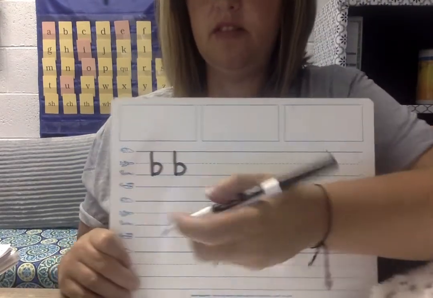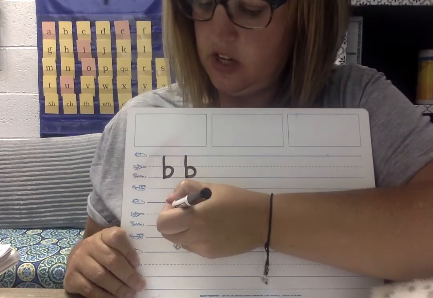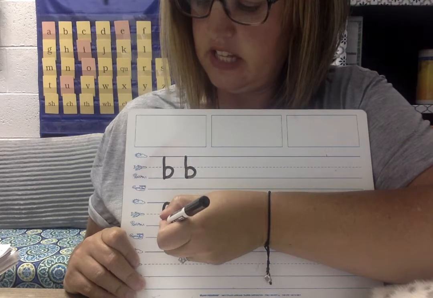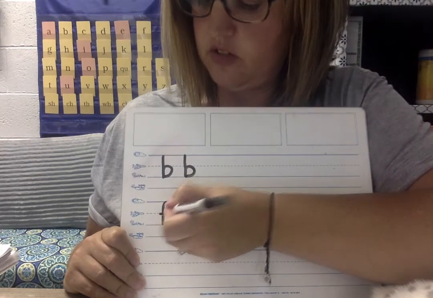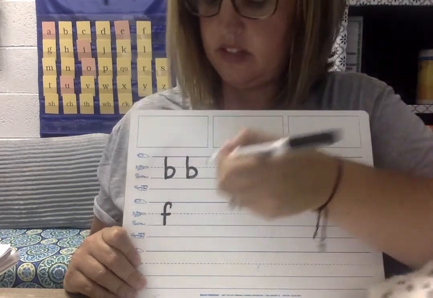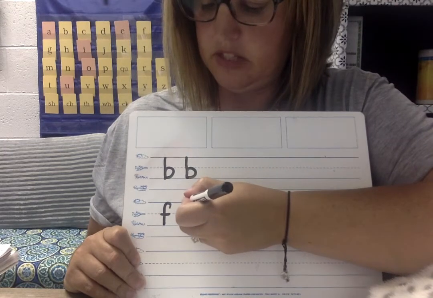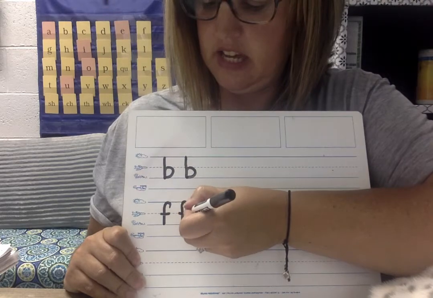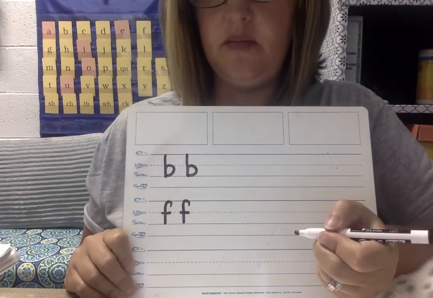For the letter F, we're going to hook up to the skyline, straight down to the grass line, and we're going to cross over at the plane line. Hook up to the skyline, straight down to the grass line, and cross over at the plane line.